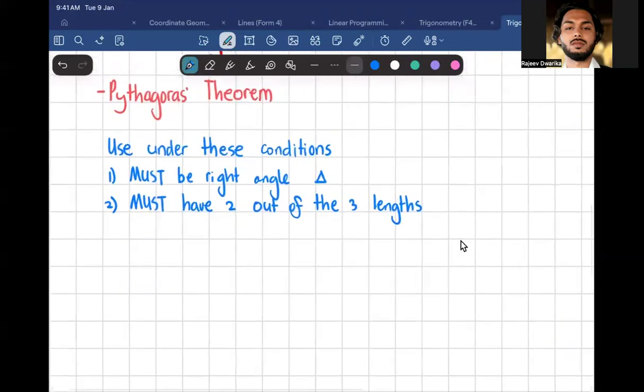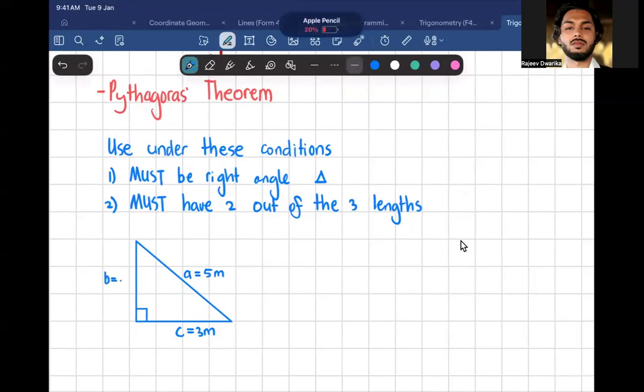Let me give you an example of what I'm talking about. Let's just say we had this triangle, and this was B, this was C. If I told you that A was equal to 5 meters and C was equal to 3 meters, tell me, Perseus, could I find B using Pythagoras theorem here?